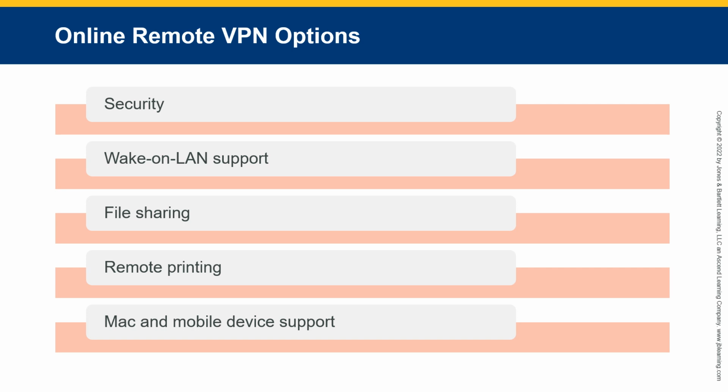So when you touch your mouse, it reinitiates the VPN. It maintains that keep alive for that VPN. VPNs can also be utilized for file sharing, for remote printing, and they can also deliver support for Macs and mobile devices out there too.